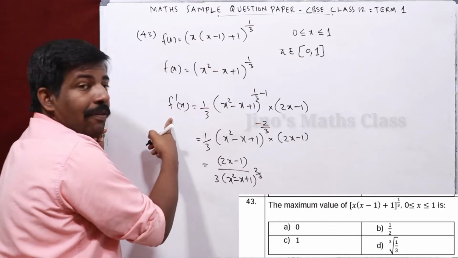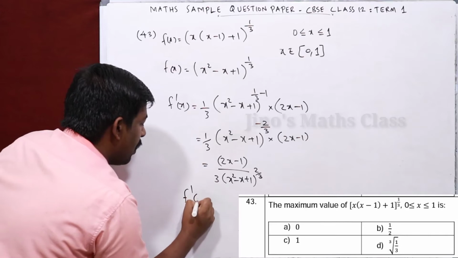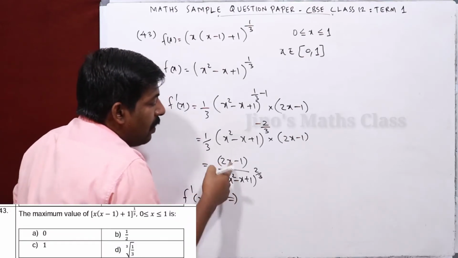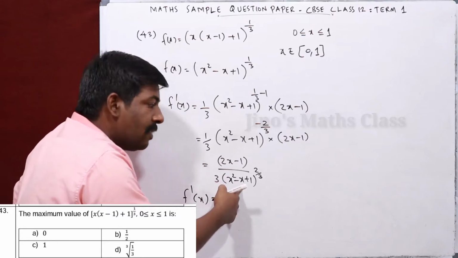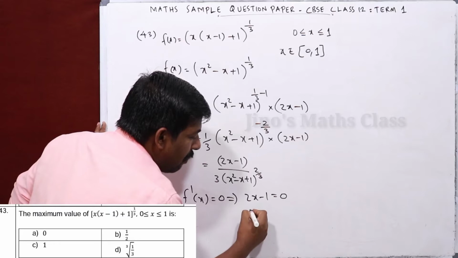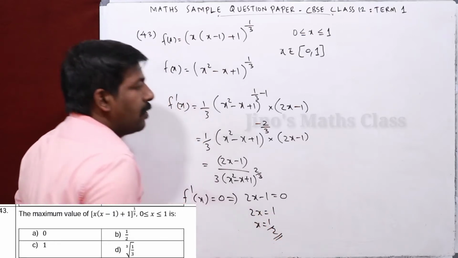Now we have to equate f dash x equal to 0 and find the value of x. That means f dash x equal to 0 implies, here you can see only the numerator can be 0, so we can say 2x minus 1 is equal to 0. From that we can find the value of x, that is equal to 1 by 2.